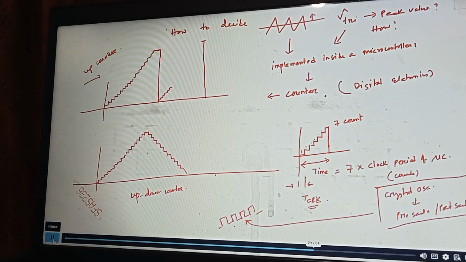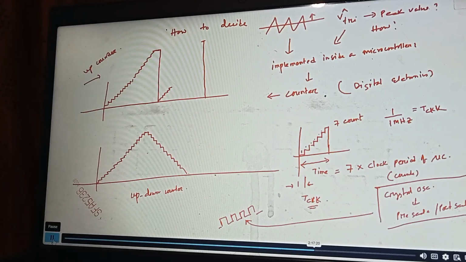Then in my counter, to have one count, I need that one period, so T clock will be 1 by 1 megahertz. It's very tiny time, isn't it?